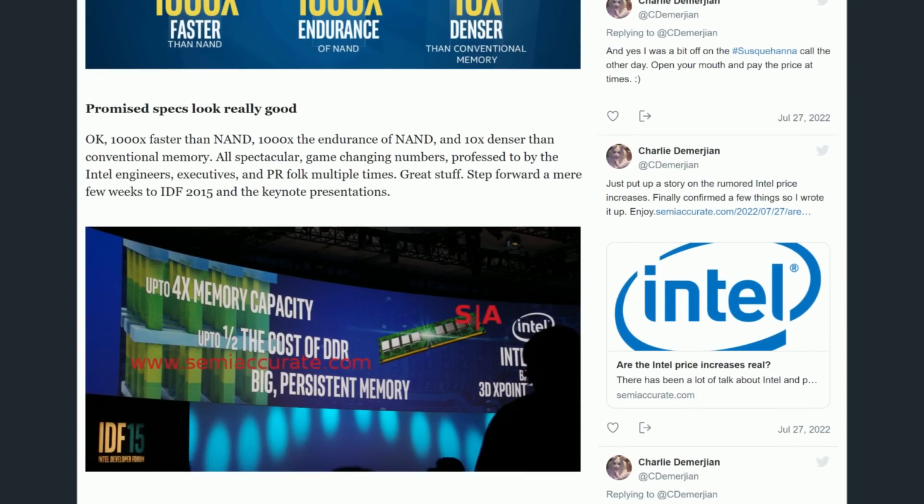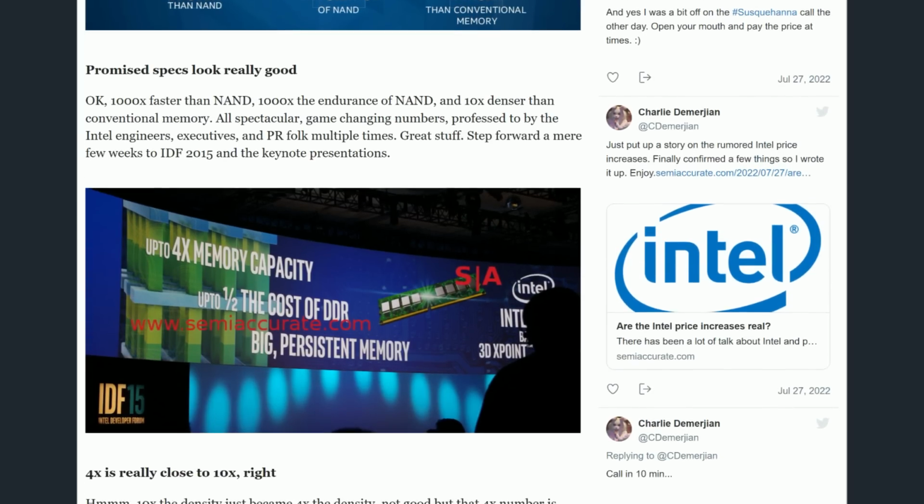With that messaging, Intel said up to 4x the memory capacity and at half the cost of DDR. So if you consider, say, DDR at $10 per gigabyte, the whole point of Optane was that it would be around $5 per gigabyte, but instead of equipping your system with 128 gigabytes, you could equip your system with 2 terabytes, 3 terabytes.